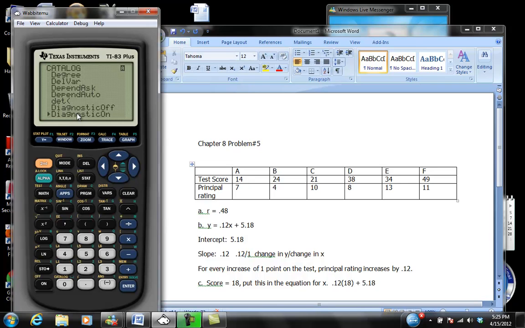When a calculator is brand new, for some reason they send it with the default diagnostics off. You just have to turn them on. So go here and click this 2 times, and then press enter, and you're good to go. So when it says done, what's happened is they've turned R on, and now it should be displayed.